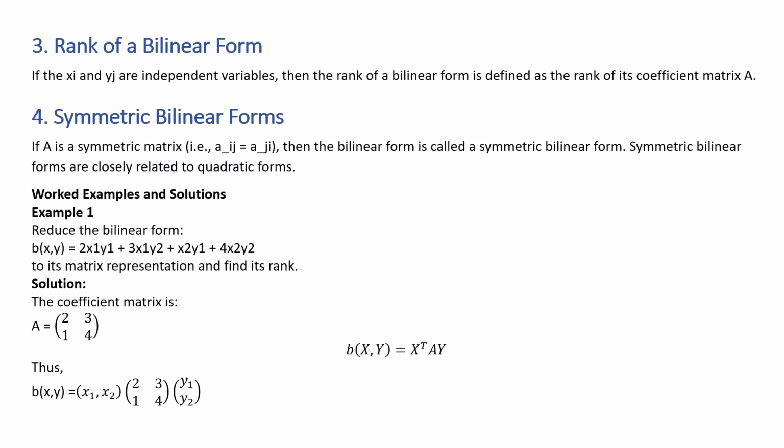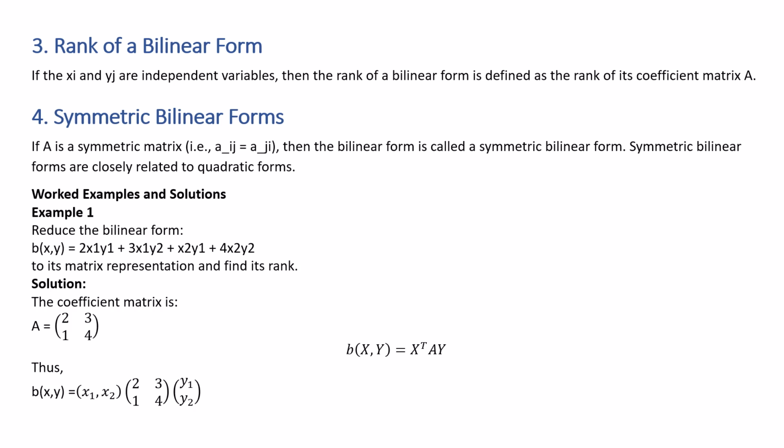Now we want to establish the definition. By the definition of a bilinear form, we have b of x comma y equals x transpose A y. What is our x? You can see from the equation, you have x1, x2, so it's a 2 by 1 column vector, and your y is y1, y2.